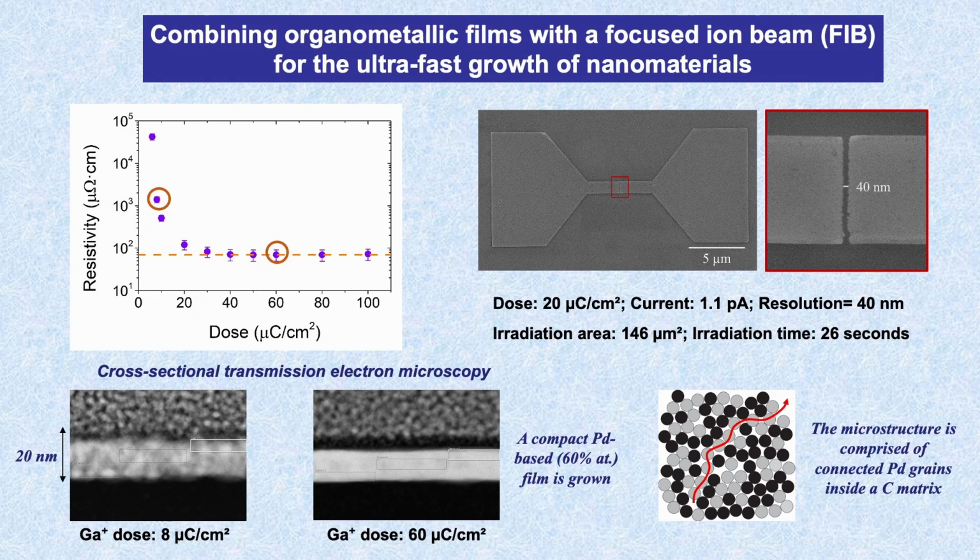Okay, so you can see here the summary of the result. The resistivity is measured as a function of the charge dose used. And you see that above a dose of 20 microcoulomb per square centimeter, we reach a very low resistivity of 75 microohm centimeter. And we can do the processing with very high resolution.